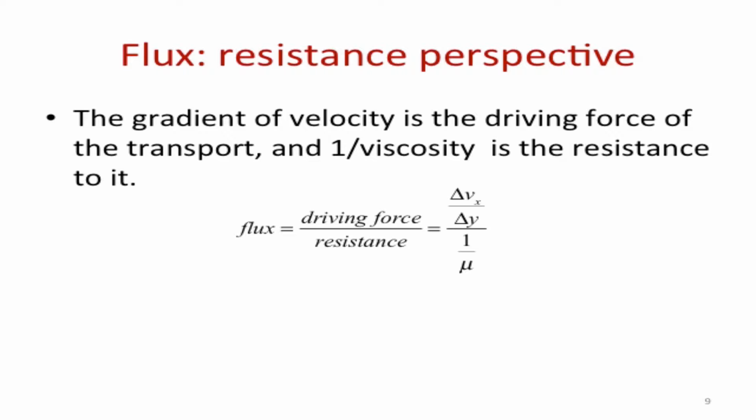If I have a pipe, instead of looking at viscosity, which was the coefficient of transfer between the forces and the transfer of momentum, I'm just going to look at 1 over mu as a resistance to my fluid transfer, and then I can fit it into the electrical circuits view, if you will. And again, my driving force is the gradient in velocities, and resistance to it is 1 over mu.